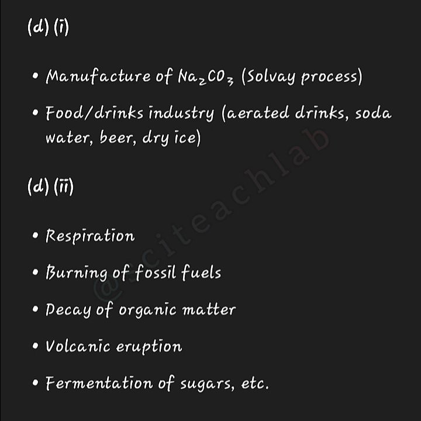So if you answer all this correctly, remember you're asked to mention just two. I've given you a lot of them. So if you named one chemical industry, maybe you just say food industry, or drinks industry, and then you mention two other processes, maybe respiration and burning of fuel, you already have your 3 marks.